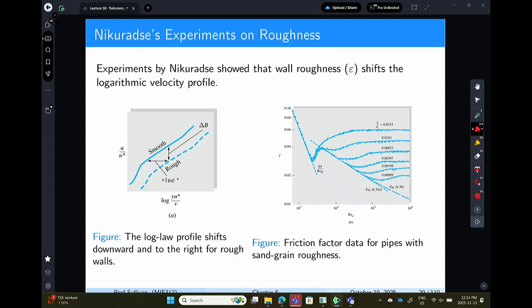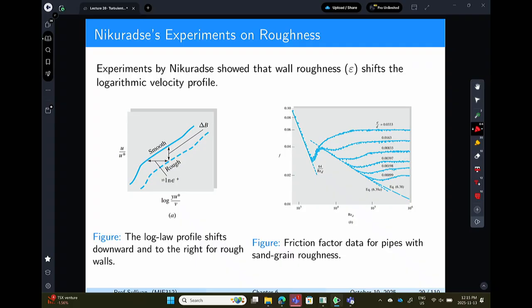One thing is that u over u star shifts. Here are a couple parameters that are boundary layer parameters, so friction velocity, y plus, and things like that. Again, not important on their own. What is important is that you see a behavior that causes a shifting because of the introduction of roughness elements.